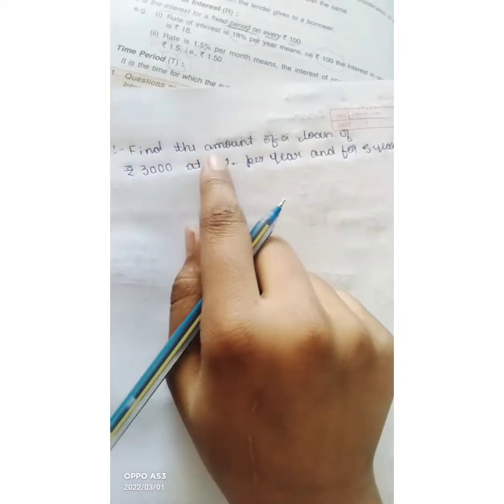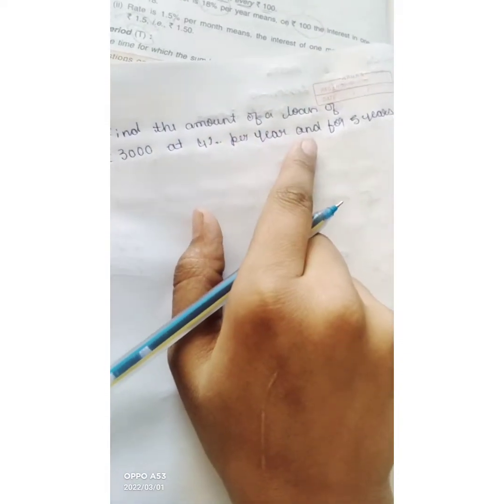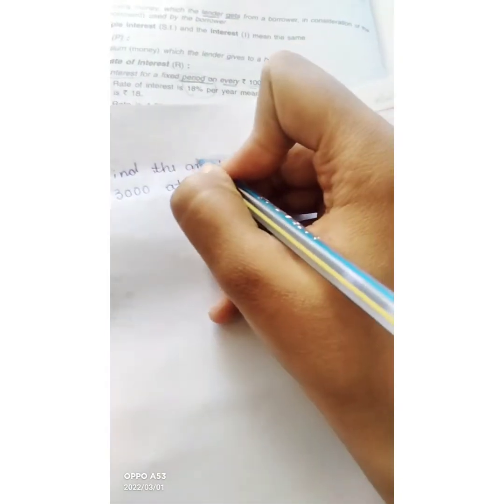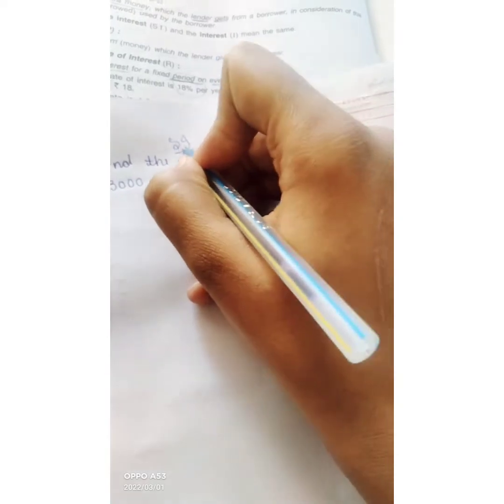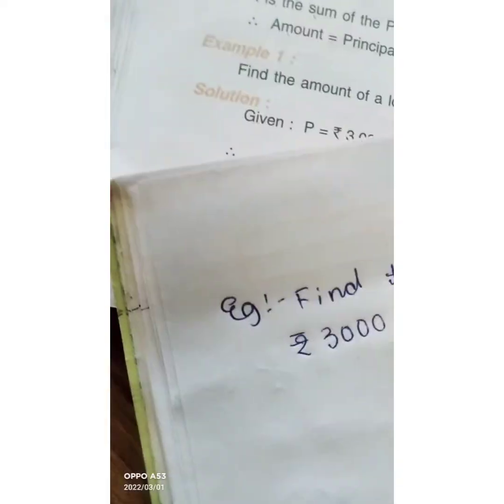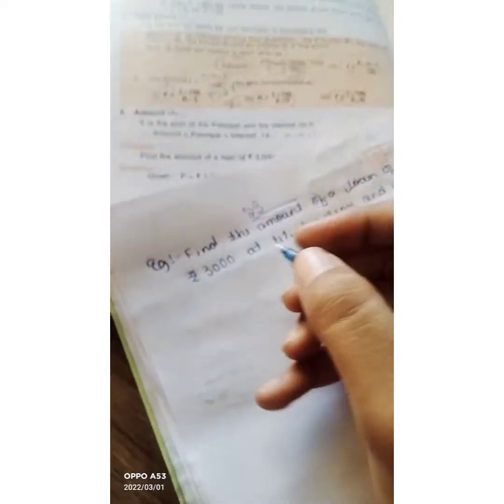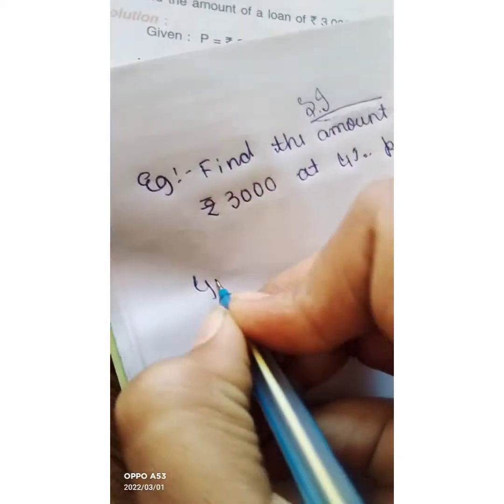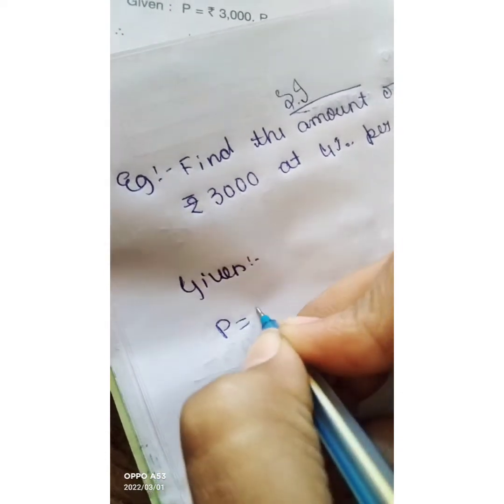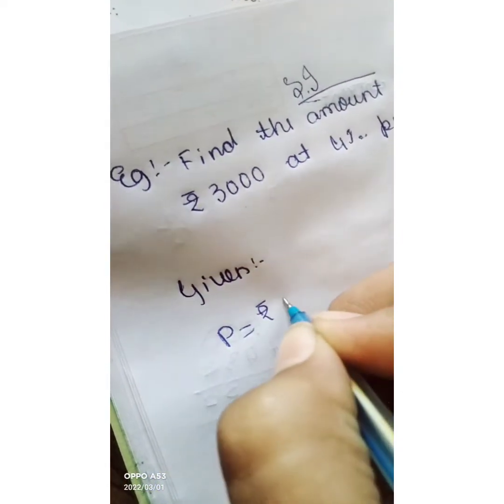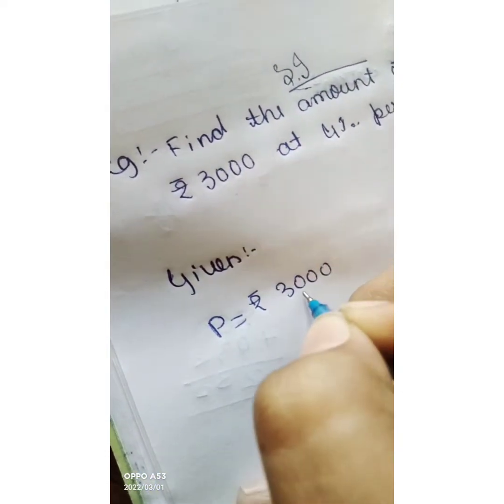See, they have given that we should find the amount on the loan. The amount they have given means we should find it as the interest. So you are given principal is equal to rupees 3,000.